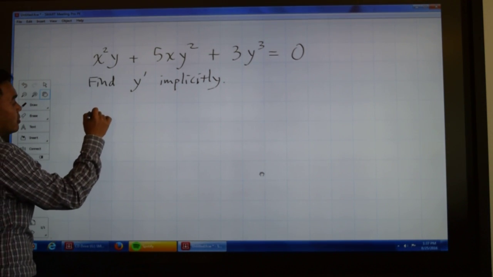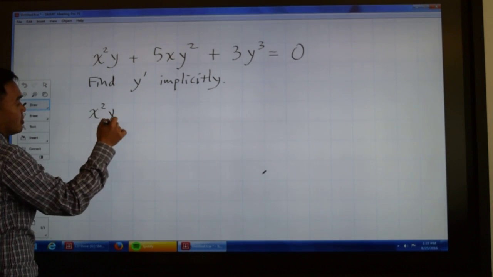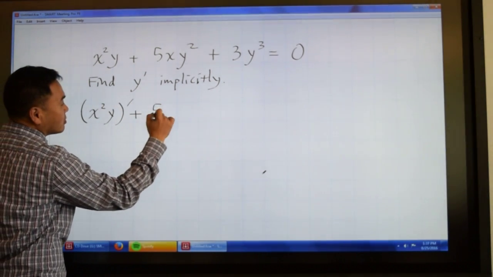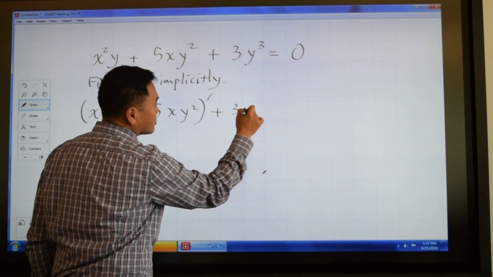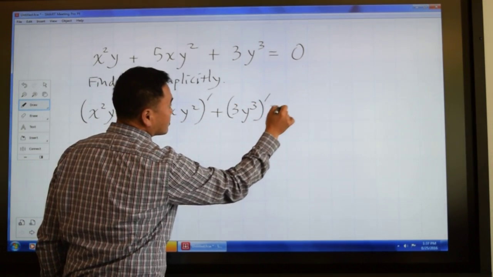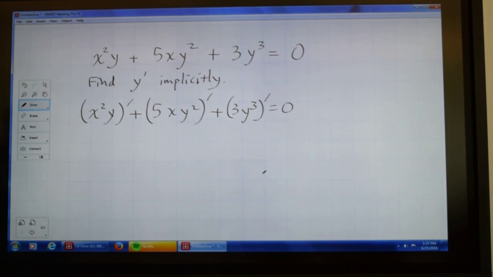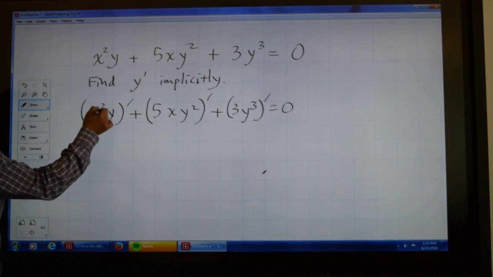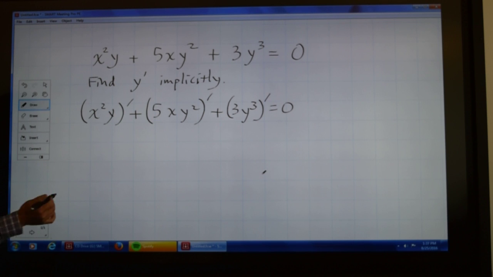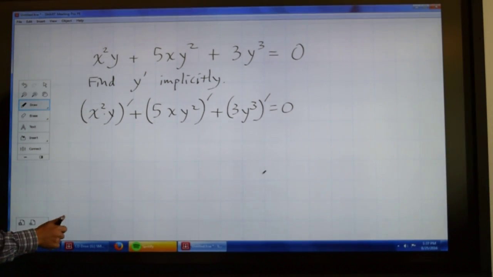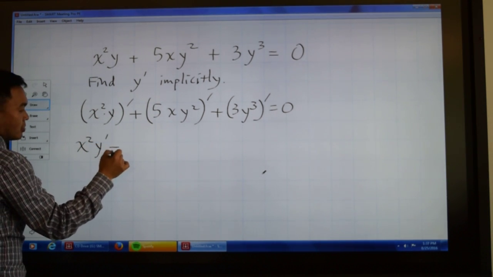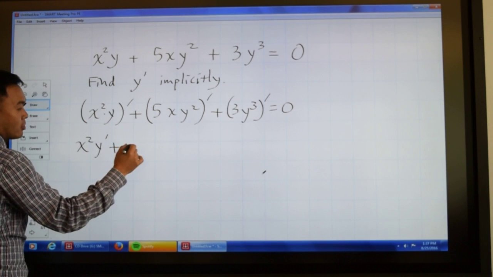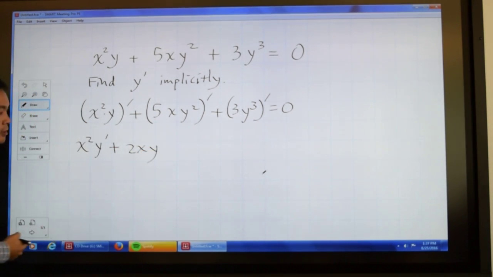So when you differentiate everything, x squared is a function of x, and y is again some function of x. Therefore, when you're differentiating this, you need to use the product rule, where you differentiate the second plus differentiate the first.